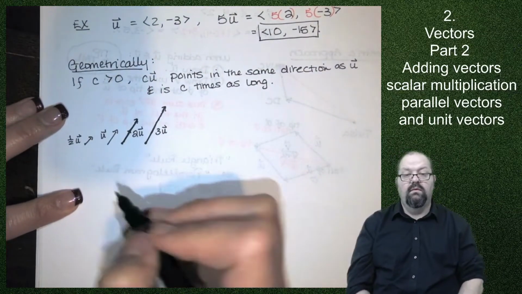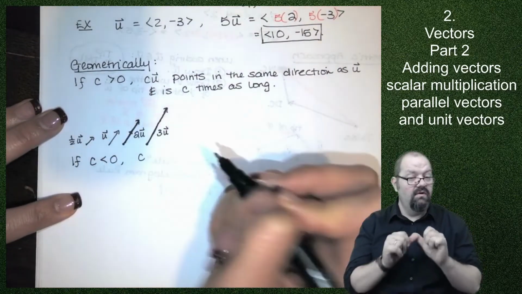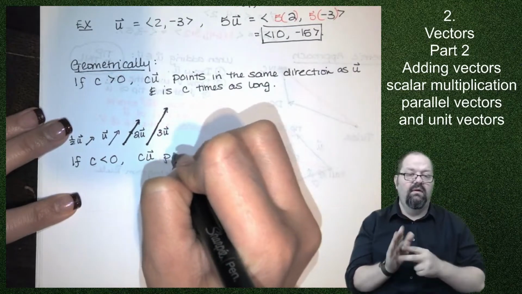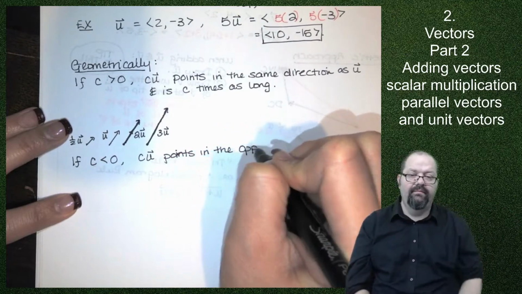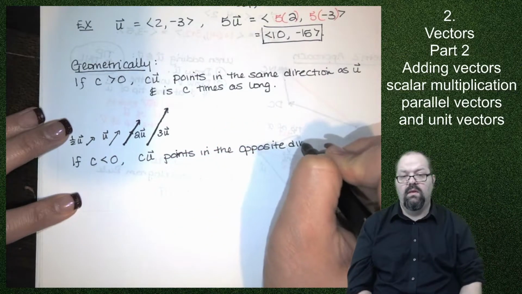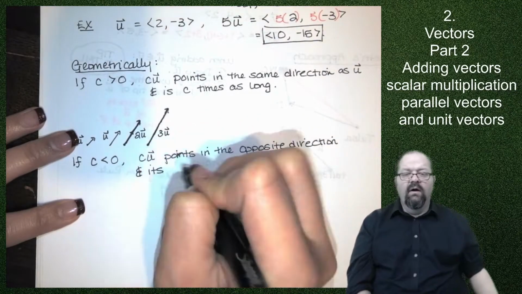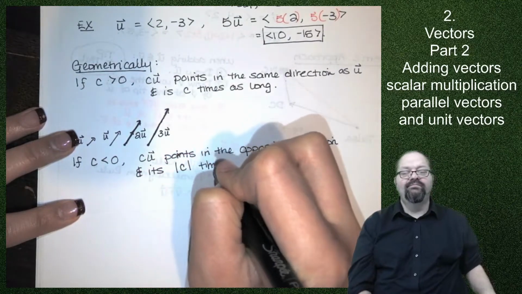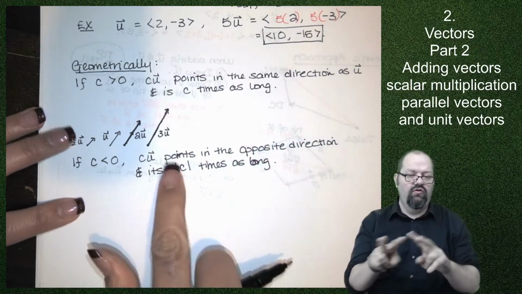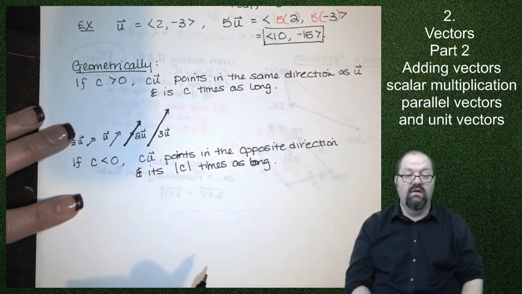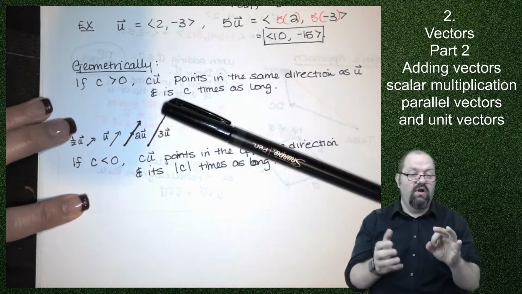Now, if I multiply by a constant that's negative, then cu points in the opposite direction. And it is the absolute value of c times as long. The negative is what's flipping it. It's moving it in the opposite direction. And then the magnitude of c, or the absolute value of c, that's changing its length.